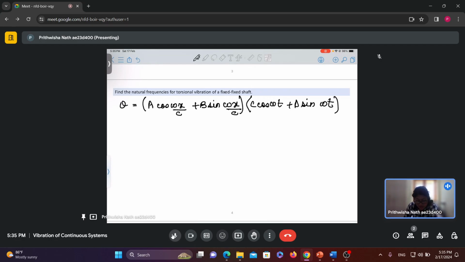Now, since it's a fixed bar, we can write, for the end condition at x equals 0 and time equals t, this equation.